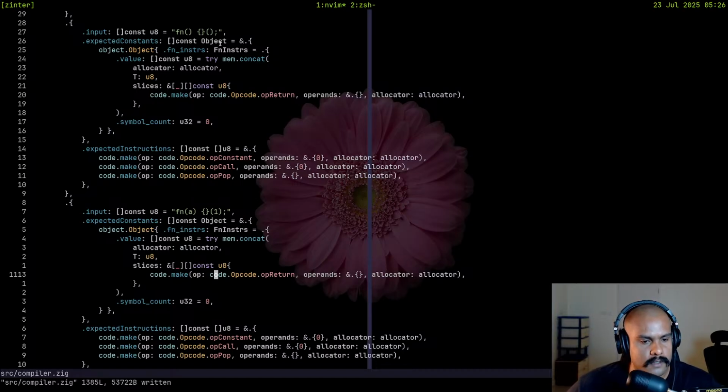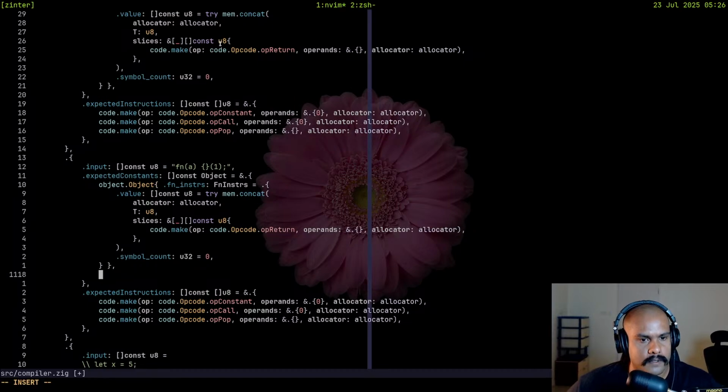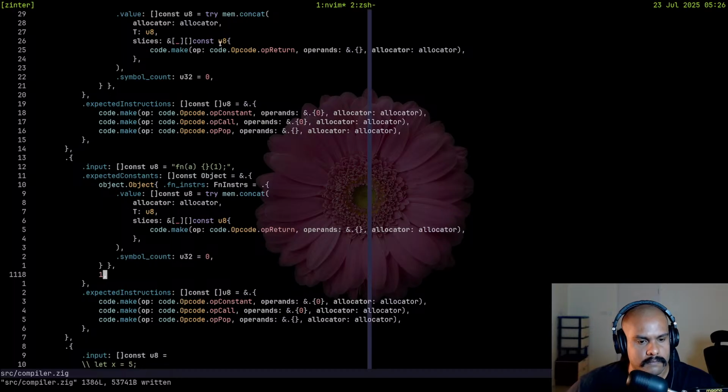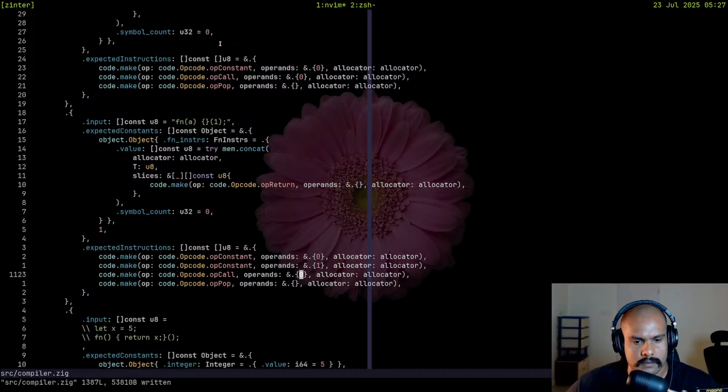Expected constant here. Then 4. 1. Constant 1. Call should have 1 argument.